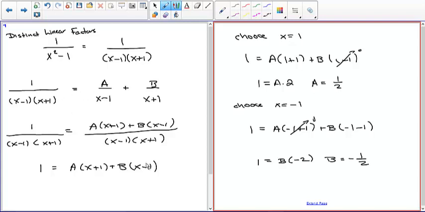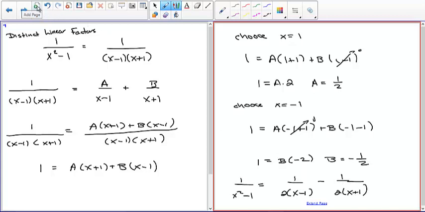So what that says is that this original expression, 1 over x squared minus 1, is the same as 1 over 2 times x minus 1, minus 1 over 2 times x plus 1.